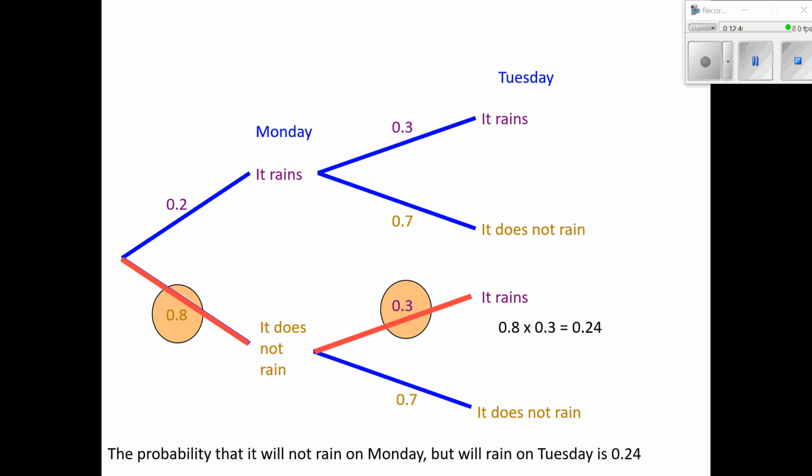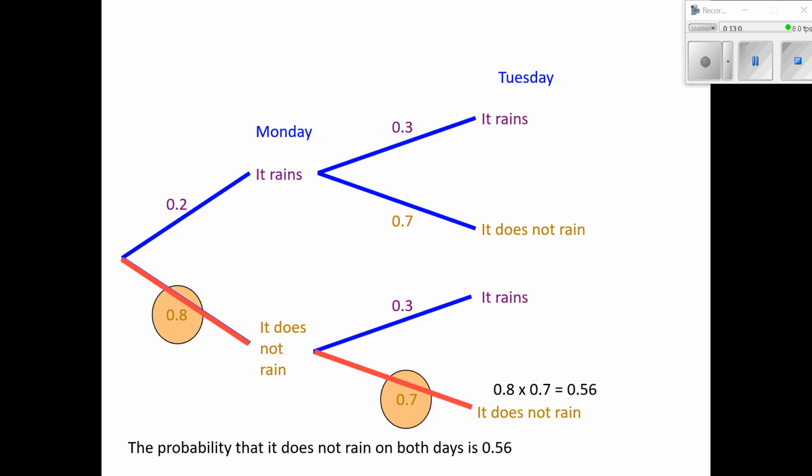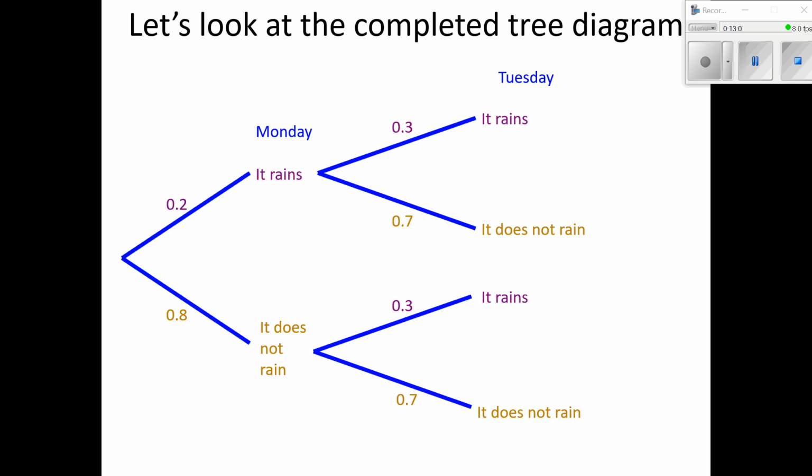There you go. Right, lastly, if it doesn't rain on Monday and it doesn't rain on Tuesday, again, take the 2 probabilities, 0.8, 0.7, multiply them together, and that will give you your overall probability for it doesn't rain on those 2 consecutive days.